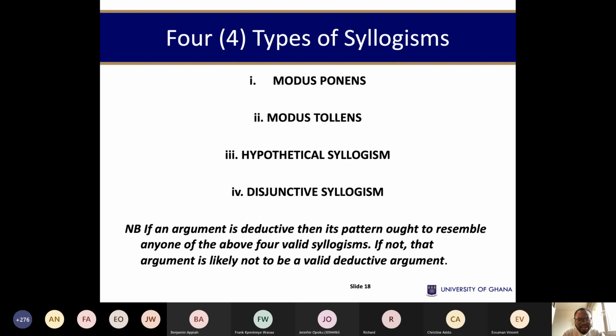The third one, hypothetical syllogism. And the fourth one, disjunctive syllogism. So if you take any of the 4 valid syllogisms, they must be one of these if you are given an example. The conclusions are valid if you follow this format, if you follow this formula for any of them.